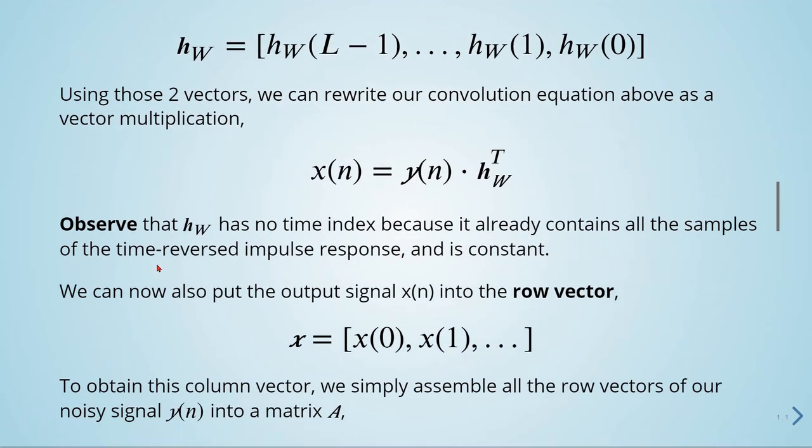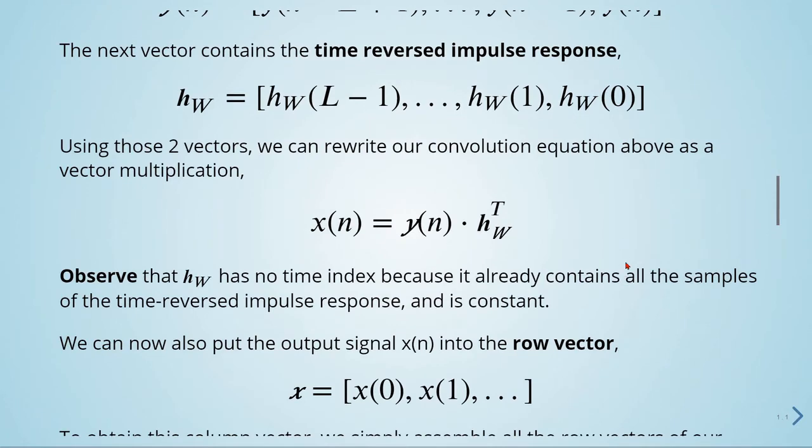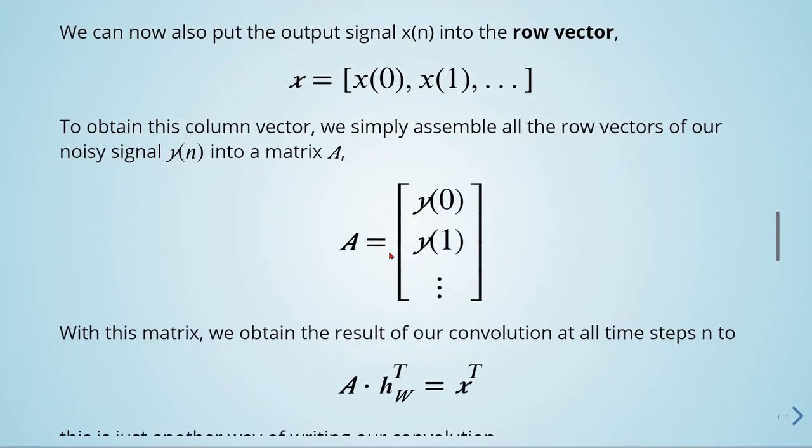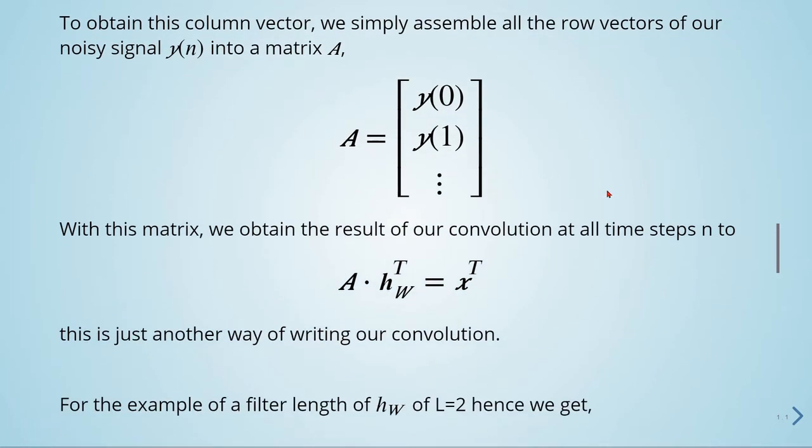We can now also put the output x[n] into a vector, so we are transforming our signals into vectors. To obtain this column vector, we simply assemble all the row vectors of our noisy signal y[n] into a matrix. With this matrix we obtain the result of our convolution at all time steps.